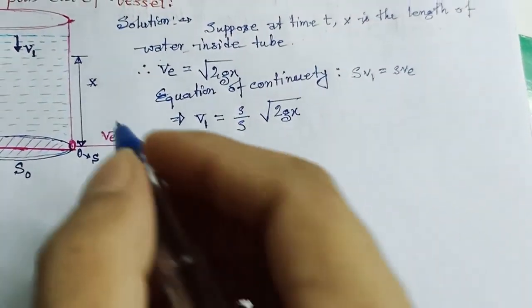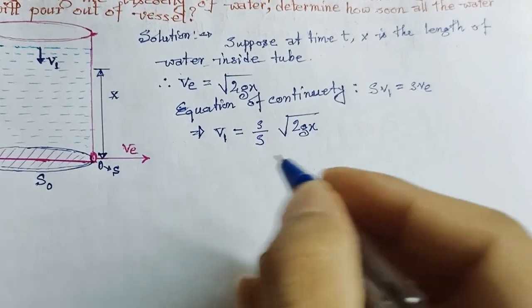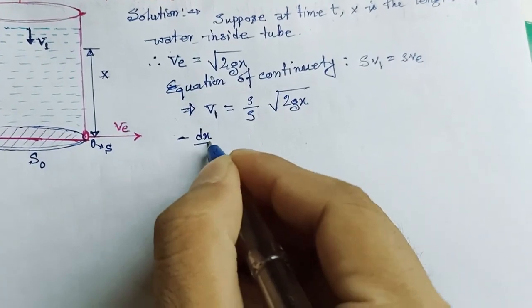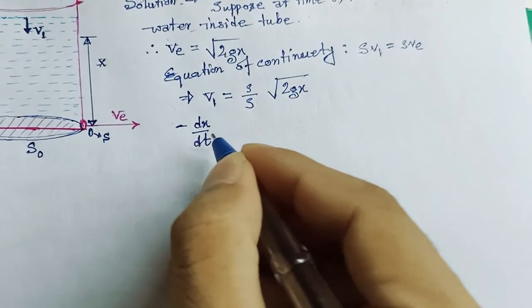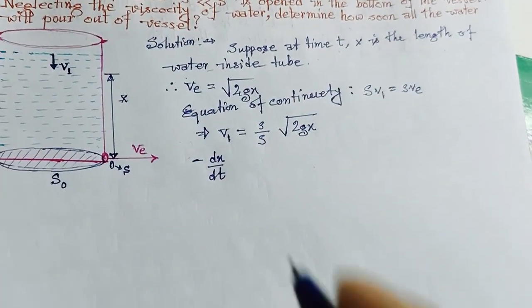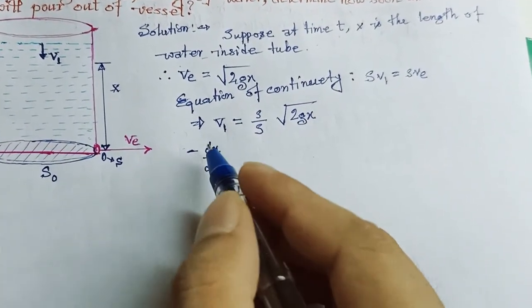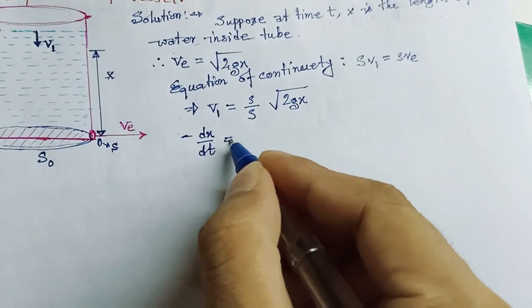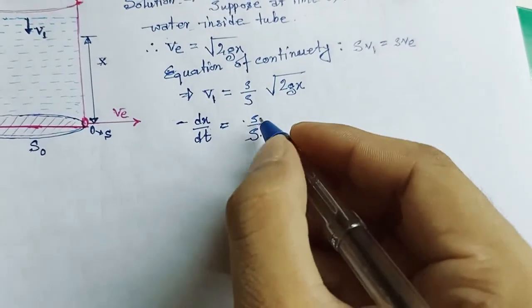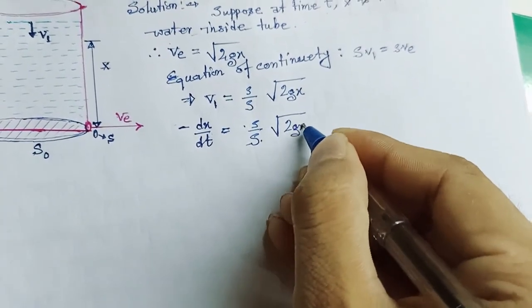Now as we know, the velocity of discharge, that is minus dx with respect to dt. Here the minus sign appears because the level of the liquid is decreasing. So minus dx with respect to dt, which indicates the discharge rate, is equal to small s divided by capital S under root 2gx.